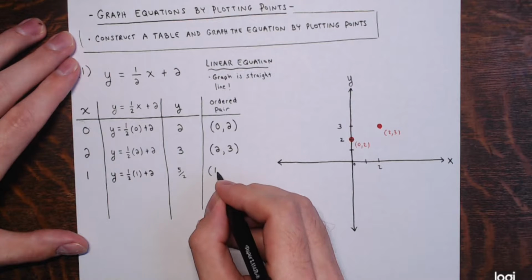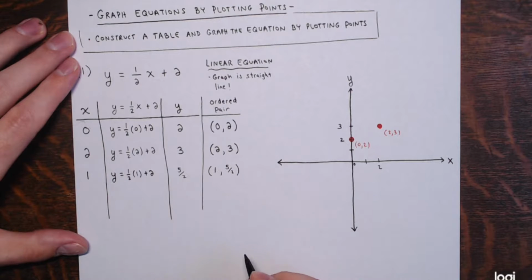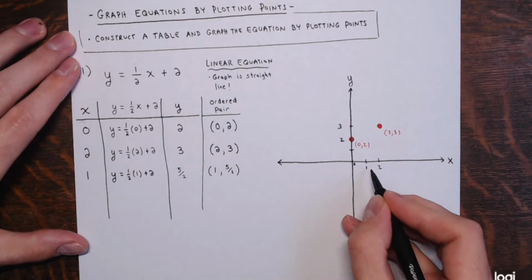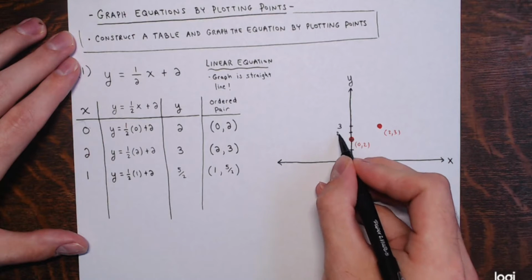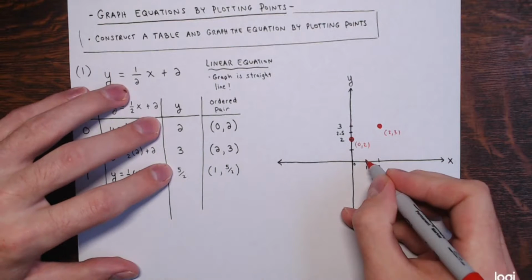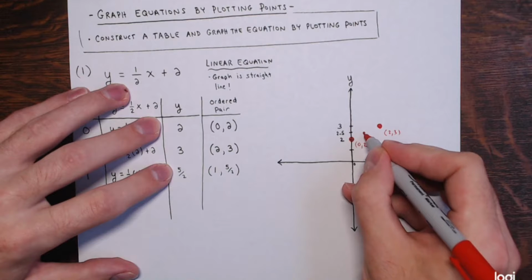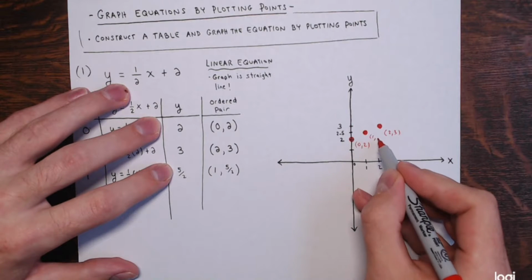So x value of 1, y value of 5 halves, or 2.5. So an x value of 1 and a y value of 2.5 would be about here. I'll just put 2.5 because 5 halves won't fit very well there. And here's this ordered pair. x is 1, y is 2.5. There's that point. There's 1, comma 2.5.